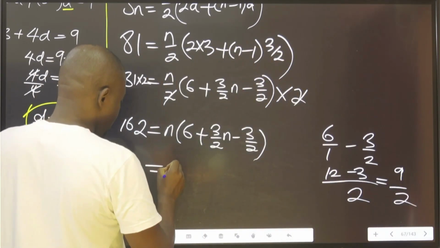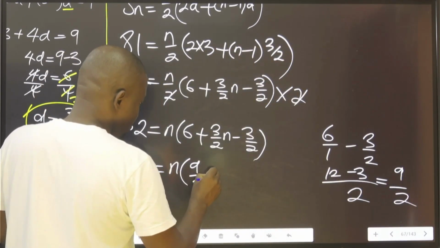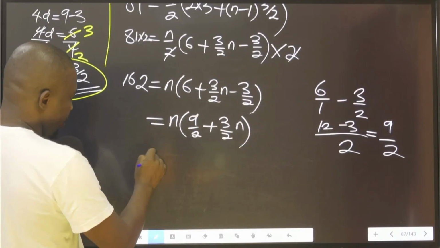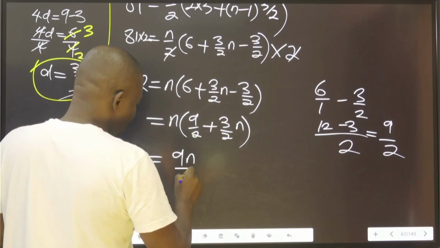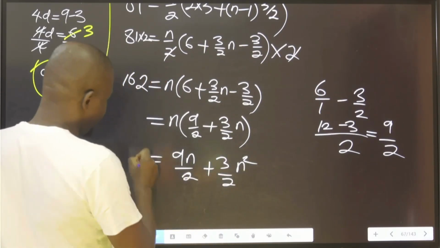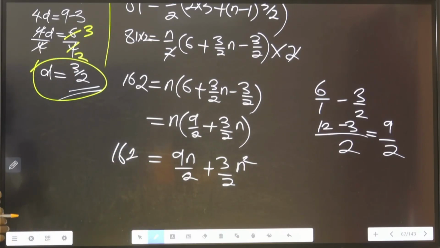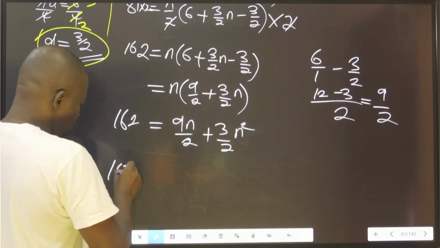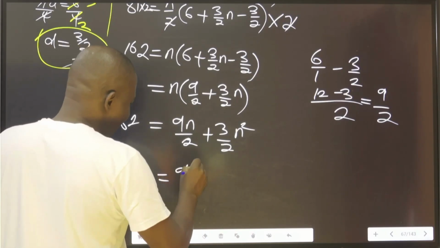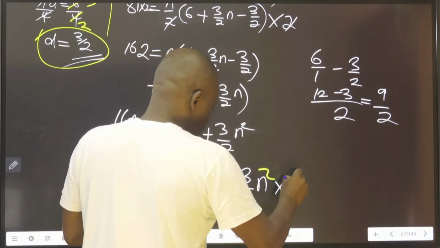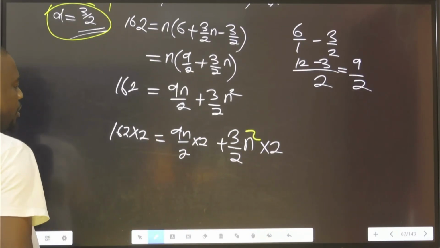So this equals n times 9 over 2 plus 3 over 2 n. We work this out to have 9n over 2 plus 3 over 2 n squared, 162. We multiply throughout by 2. That's 162 multiplied by 2 equals 9n over 2 multiplied by 2 plus 3 over 2 n squared multiplied by 2. Okay? You agree with me?